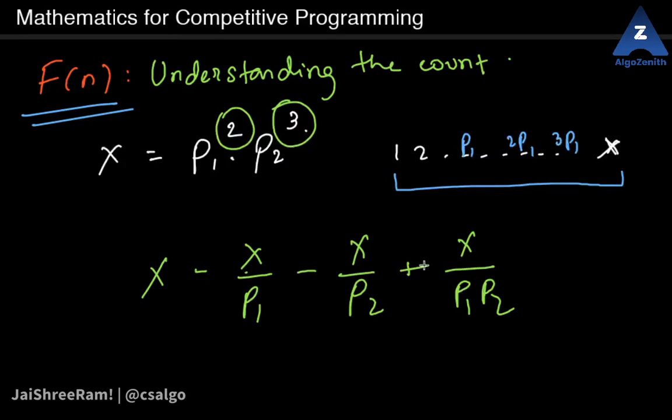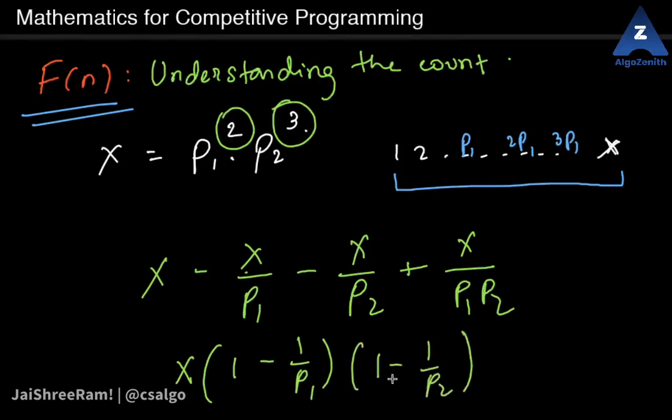Once we have this, if we just quickly transform some of the things over here, this is going to be x multiplied by 1 minus 1 by p1, and 1 minus 1 by p2. Now if you look into this, this is a formula like x multiplied by 1 minus 1 by p1, that is one of the prime factors, and 1 minus 1 by p2, that is another prime factor, and this is working for this particular x.